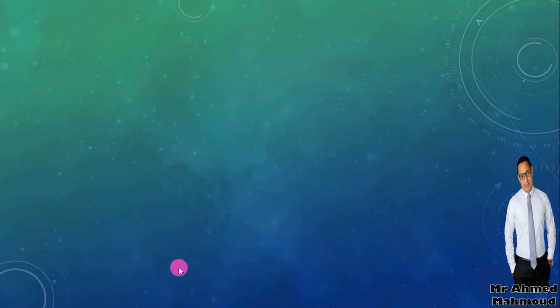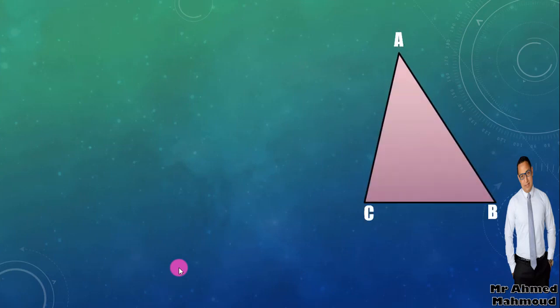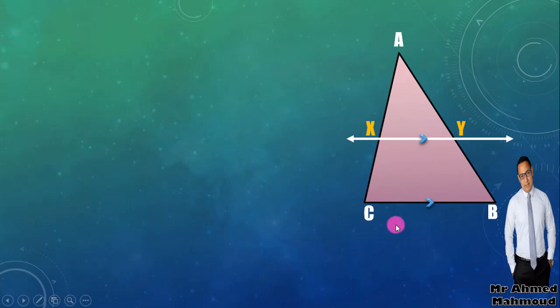Now another special case. Let's have triangle ABC like this, and I draw a straight line intersecting the two sides AB and AC at X and Y. If the two lines XY and BC are parallel, then we get that angle Y and angle B are equal, and angle X and angle C are equal.